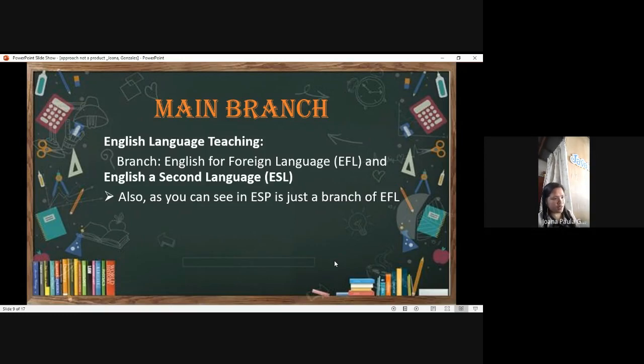Also, you can see that ESP is a branch of EFL. EFL is for non-native English speakers learning in a country where English is not official. For example, students in China who are learning English are considered EFL learners because it is not an official language of their country.